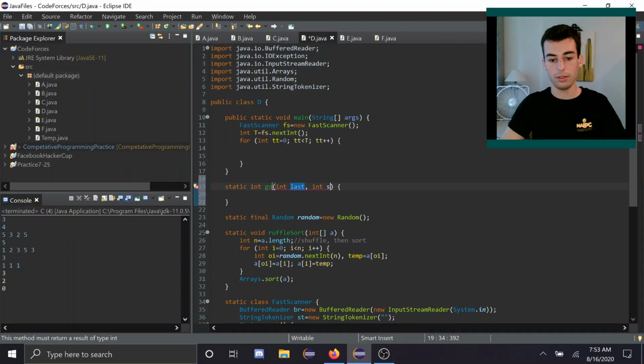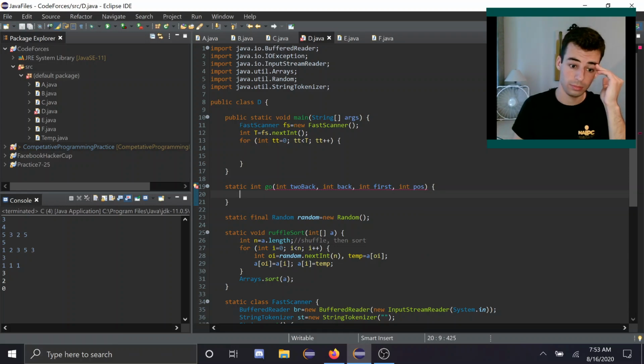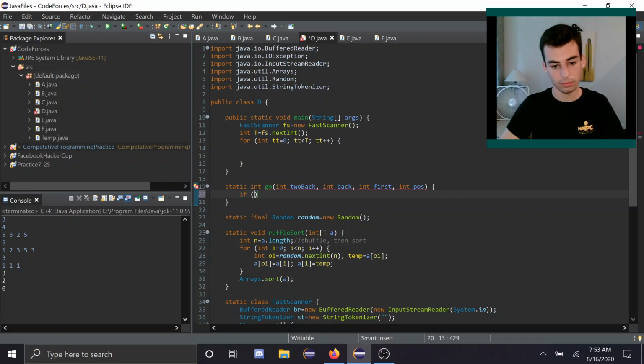And last, int, 2 back, first, in position. DP at 2 back, first position, not equivalent to 1.